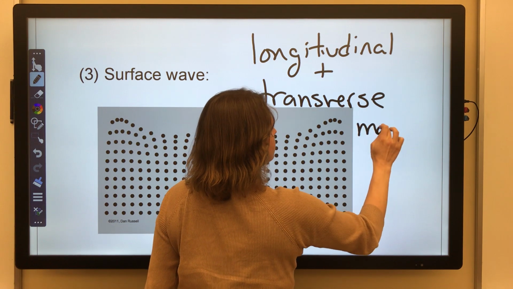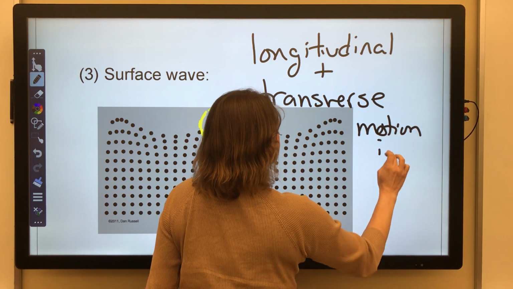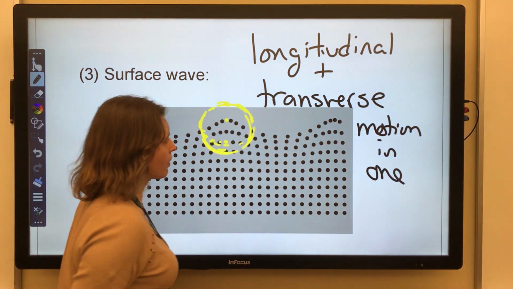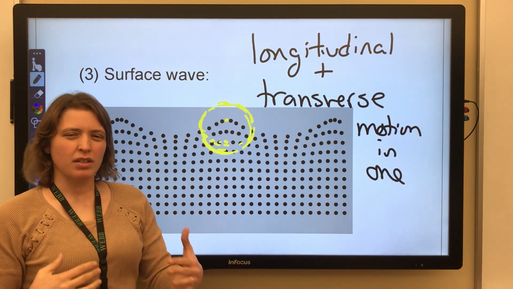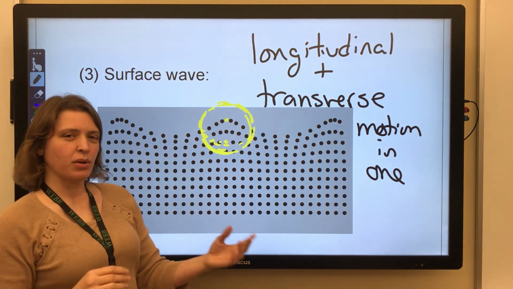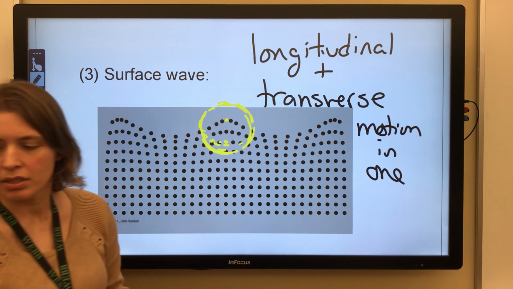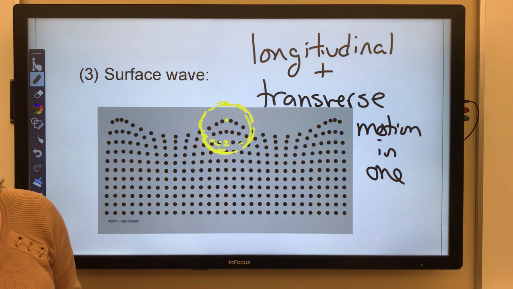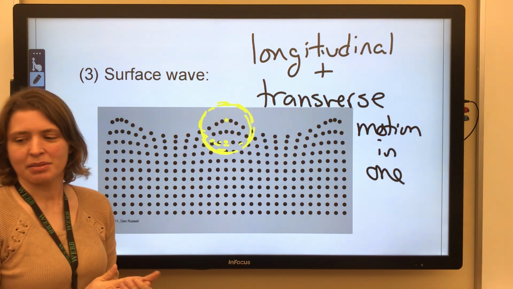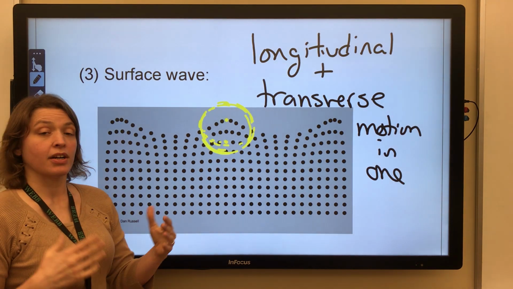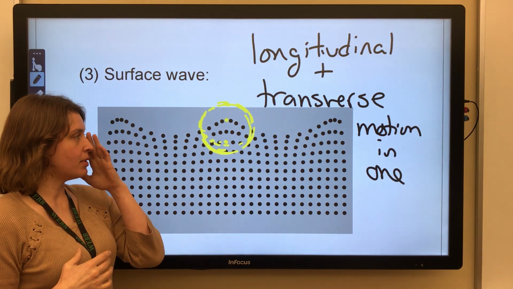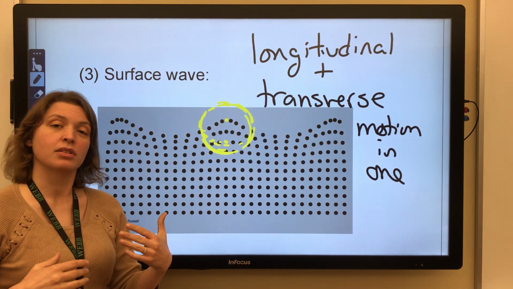Transverse motion. A lot of real motion and real waves in materials are actually surface waves, but sometimes it's easier to simplify and to think about them as just one type of motion.